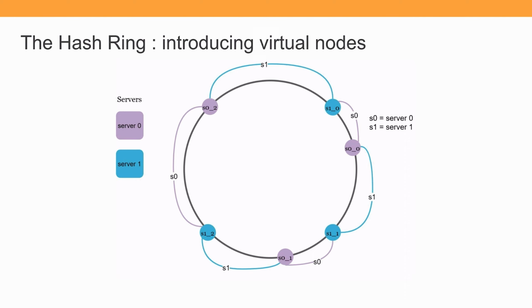But in real life situations, we don't have virtual nodes in tens or twenties, we have them in thousands over the hash ring, distributed randomly over this hash ring. So the traffic is divided between all the servers equally or approximately equally.